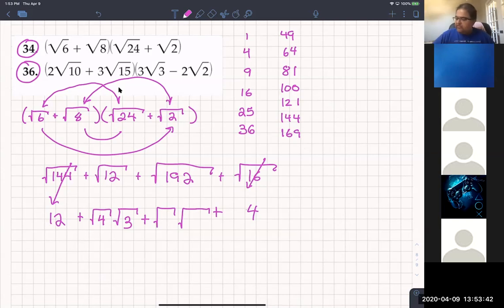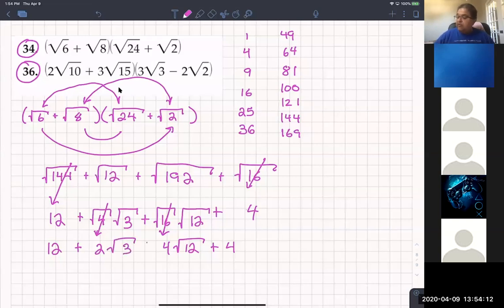Yeah, you can do 12 and 16. Good. And what does root 16 become? 4. Okay, so this is 4 root 12. The other 4 comes down. What is the square root of 4? 2. 2 root 3. Good.